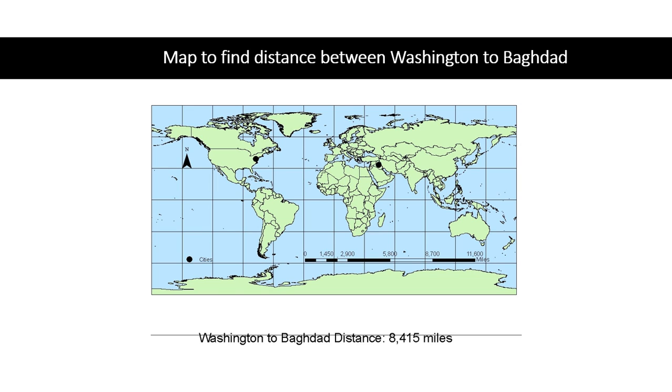It preserves true distance in some directions, such as calculating distance between Washington and Baghdad. This also uses a conical projection surface, as it preserves the proportion of area, thus resulting in distortion in angular conformity.